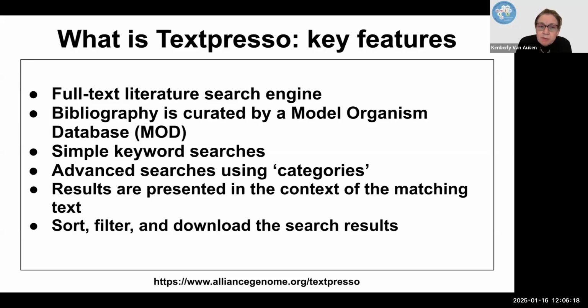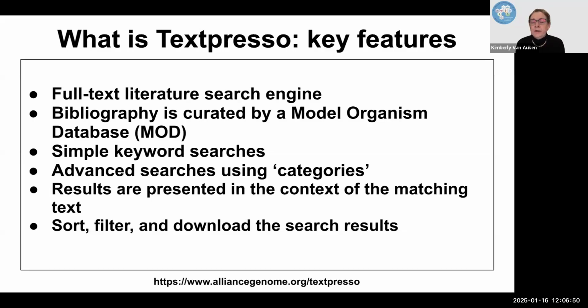You can use Textpresso to perform simple keyword searches, but the real power of Textpresso, and I will demonstrate this, is that you can perform advanced searches using what we call categories, which may be ontologies that you're already familiar with, like GO or the disease ontologies, but also includes categories that have been created by curators to find information about specific topics.